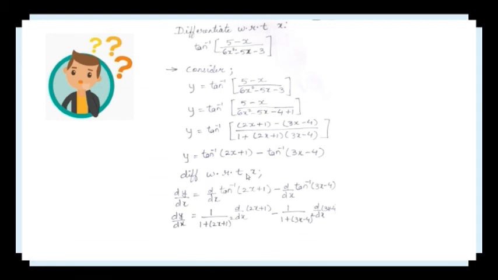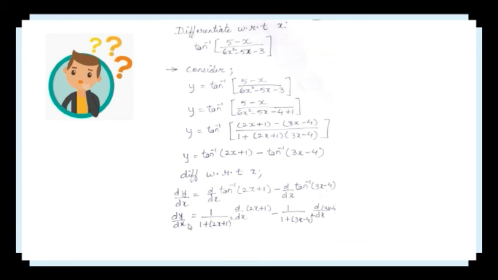Differentiating with respect to x, we get dy by dx equal to d/dx of tan inverse of 2x plus 1 minus d/dx of tan inverse of 3x minus 4. Again, we have to apply the formula of tan inverse of f of x.